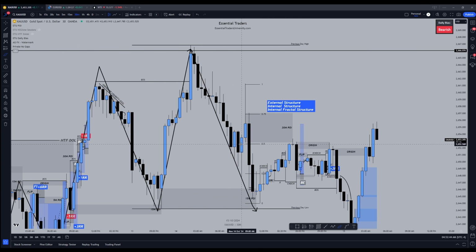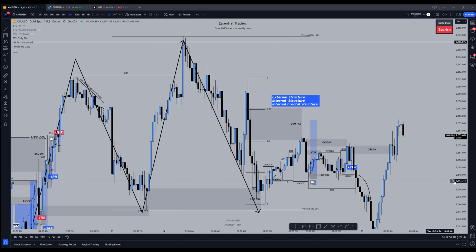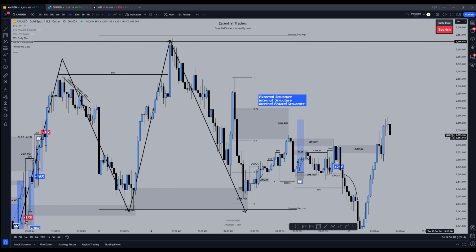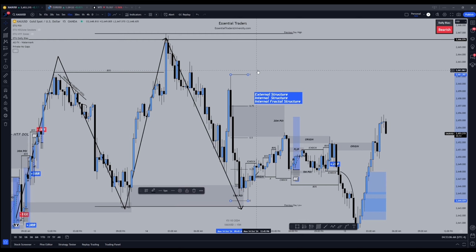Even a 30-minute is a stretch because it's half your session, 1.5 hours. The 15-minute is a potential possibility, because that is 45 minutes, 15 times 3, which is almost a third of your trading session where it could form. And that's why I like the 15-minute. I like to use the 15-minute, 1-minute, and 5-minute mainly. Those are the main time frames, but you always need to keep the higher time frame in mind.